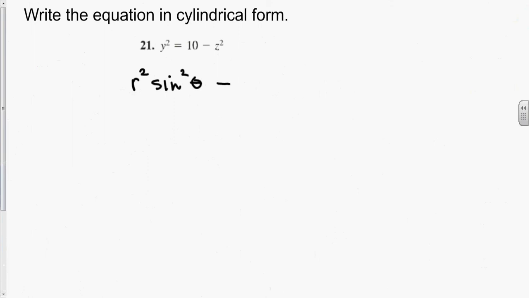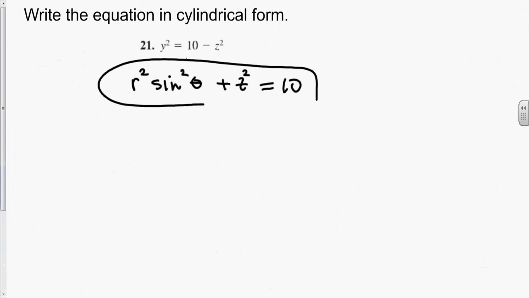If you want to put the plus z squared there equal to 10, or you could have left the z squared on the other side, but that's it. Cylindrical involves r and theta and also z. So it's just one stroke. Just convert the y squared to r squared sine squared theta. Basically, that's it.